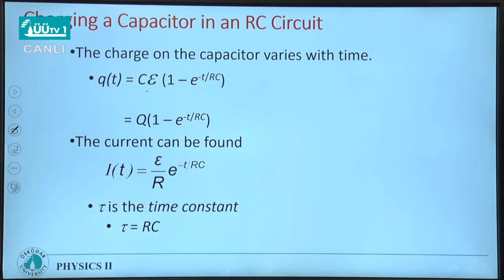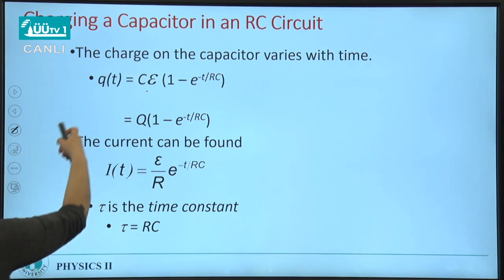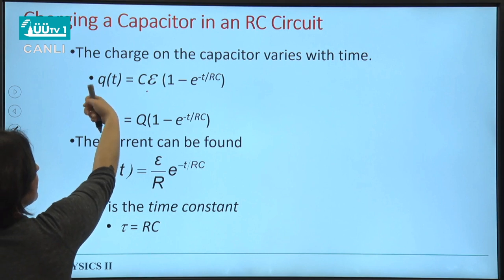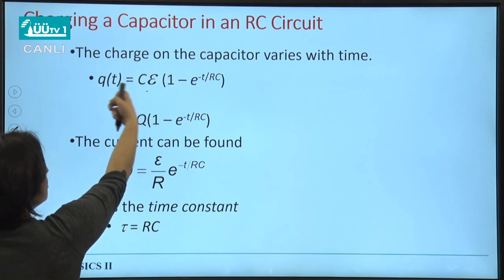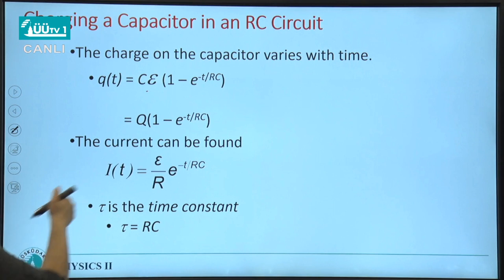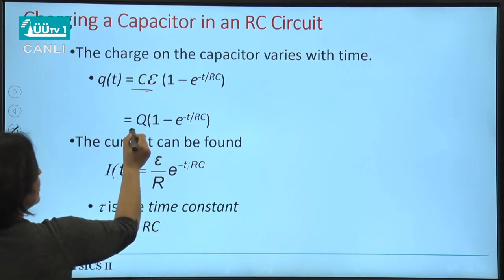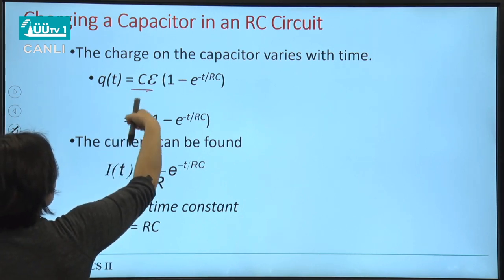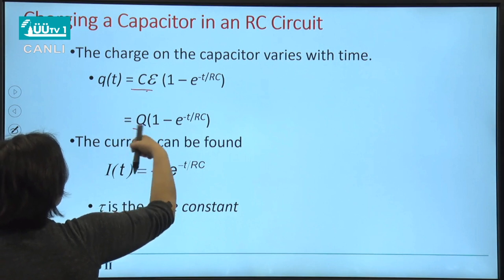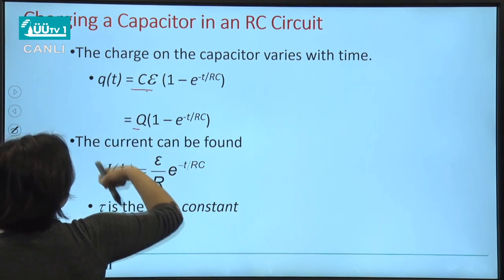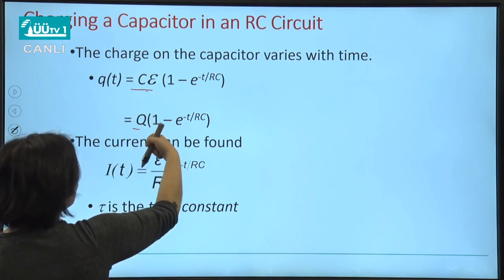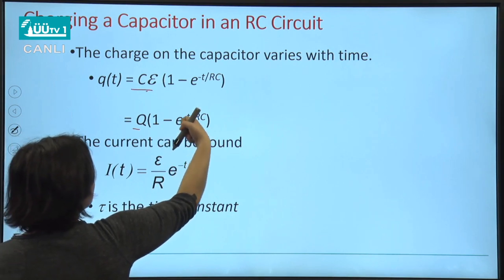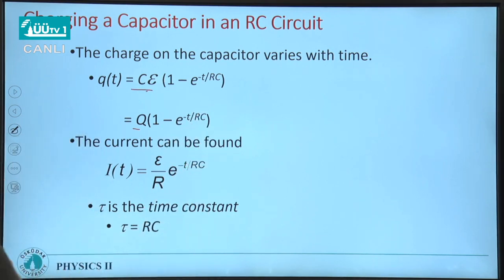This is the equation while we are charging the capacitor, and at any time of this process we can calculate q by using this equation. And c epsilon is already the maximum q, so at any time of this charging process, the charge on the capacitor will be maximum charge times 1 minus e to the power minus t over RC.